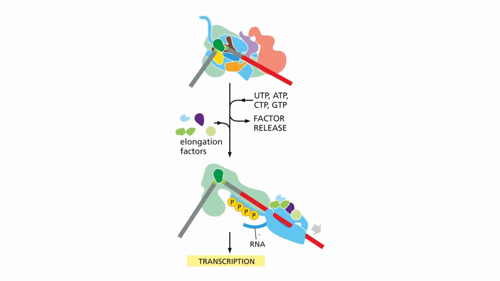Okay. So, if we take a look right here, you have all the transcription factors attached. UTP, ATP, CTP, GTP. Remember, these are your nucleotide triphosphates. This is the free form of nucleotides that is floating around in your nucleus. You also have TTP for DNA.